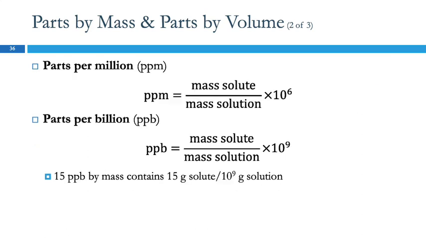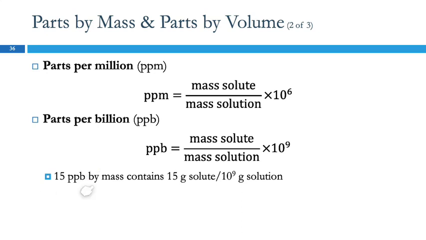So there are some related parts by mass units, parts per million and parts per billion. Instead of multiplying by 100 for percent, we're going to multiply by 1,000,000 or by 1,000,000,000.